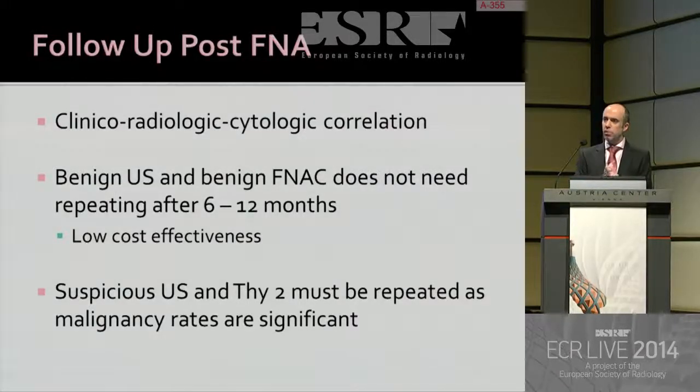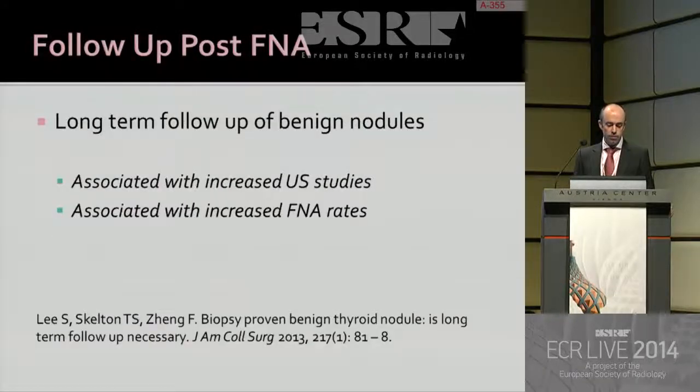So to reiterate, benign ultrasound with benign FNA, stop there. We don't need those repeating. The risk of cancer is so small, has low cost effectiveness, and increases patient anxiety. But suspicious ultrasound combined with a benign FNA should be repeated because it has significant malignancy rates. Do we have long-term follow-up of thyroid nodules?